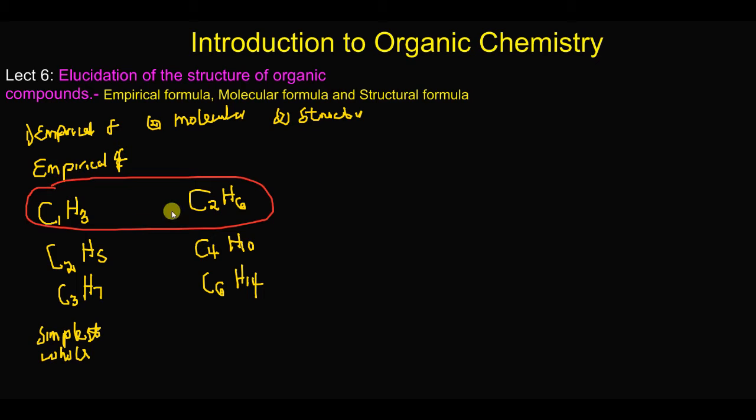Now when you take the first compound, you can see that we have 2 carbons and 6 hydrogens. But in this compound, we can further simplify this ratio. 2 can go into itself 1, and 2 can go into 6 three times.